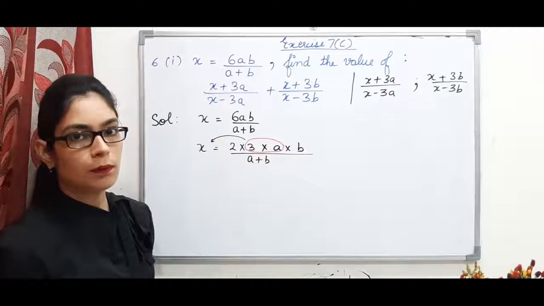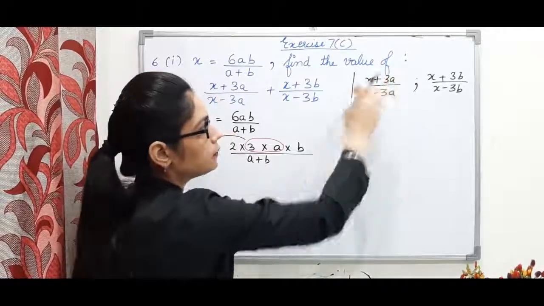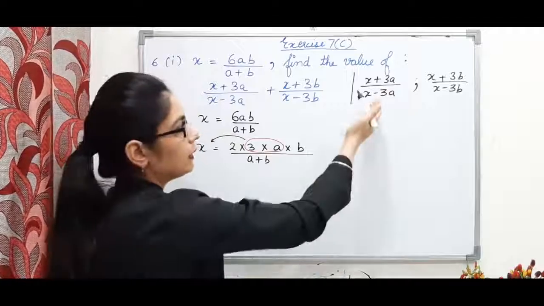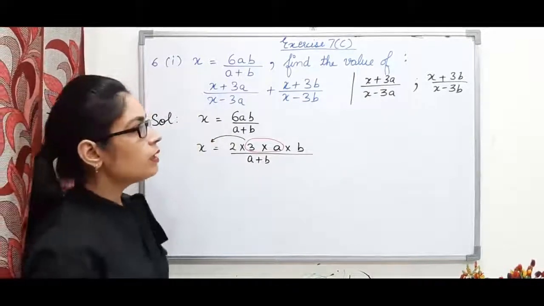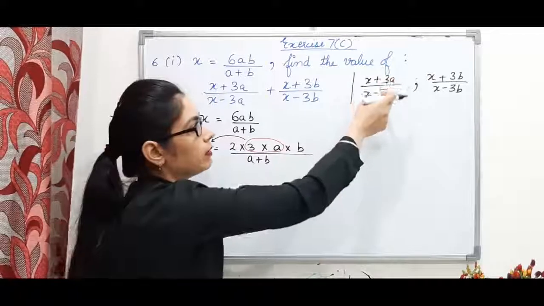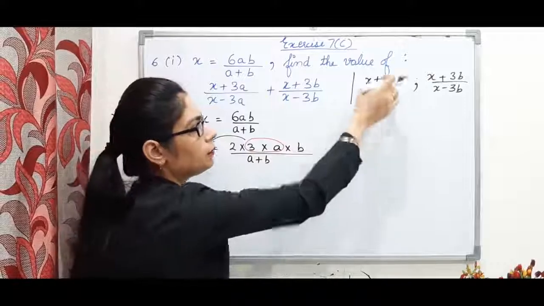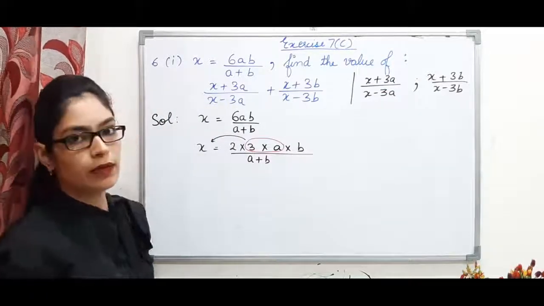Then we can apply componendo and dividendo, because the terms are the same, they are getting added and subtracted. That means we have to apply componendo and dividendo. I have told you while doing the previous questions also, whenever the expression is like this, same terms with opposite signs in numerator and denominator, we can apply componendo and dividendo.